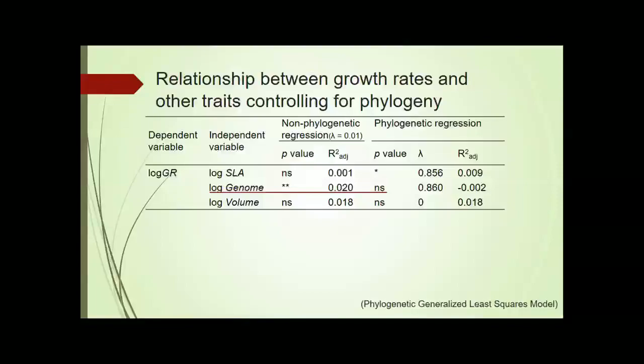The relationship between absolute growth rate and other traits, in non-phylogenetic and phylogenetic regression.